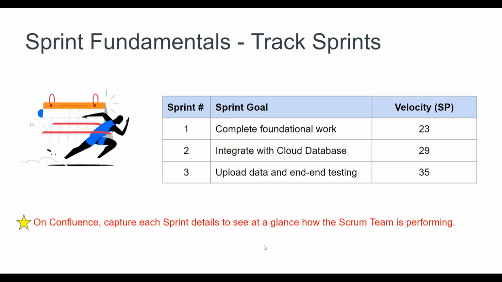So at any given time you will see whether the velocity was going up or not. And if it wasn't going up, you can add a comment to say what happened in that sprint. It could be an access issue, it could be a holiday problem or whatever. So at least you have a very high-level flow of the velocity as it moves, and also what kind of goals were completed for every given sprint.